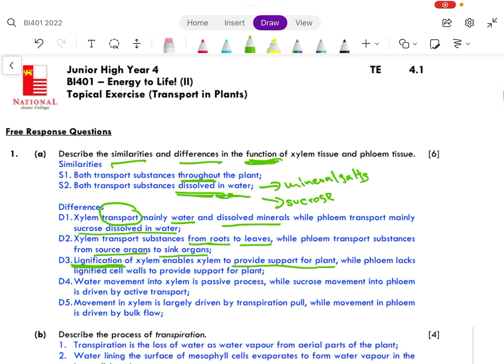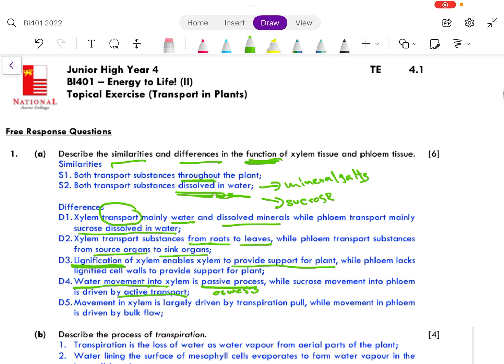Next, when we compare the movement of substances into the xylem, we know that the movement of water into the xylem is a passive process of osmosis, while sucrose movement into the phloem is driven by active transport.